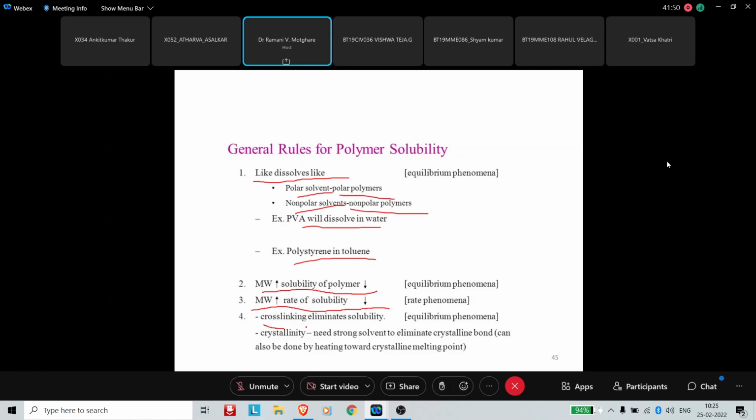Then cross-linking eliminates solubility. That is an equilibrium phenomenon. Crystallinity needs a strong solvent to eliminate crystalline bonds. That can also be done by heating towards the crystalline melting point.